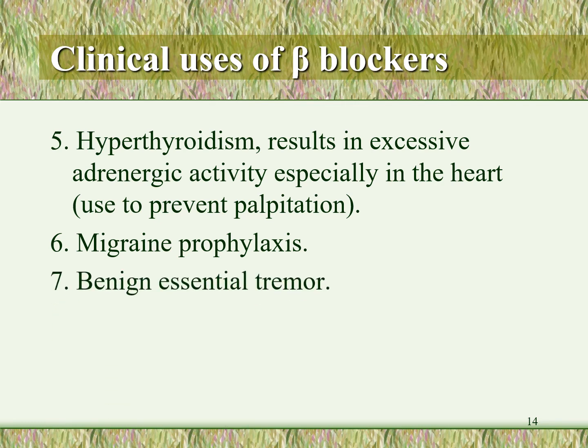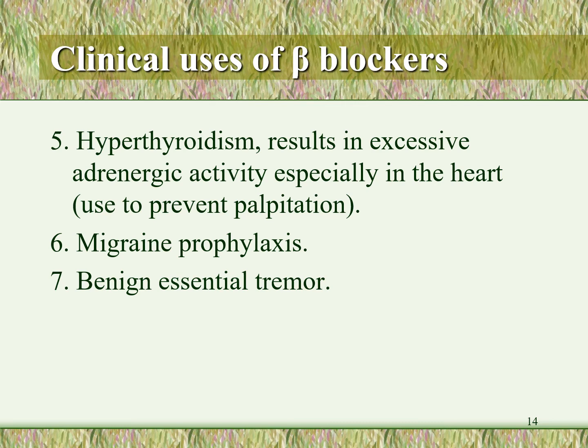Also, beta blockers can be used for treatment of benign essential tremors. Benign essential tremor is a tremor of the skeletal muscles of the extremities, the hands and legs, especially the hands, because we have beta 2 receptors on the skeletal muscles of these extremities.